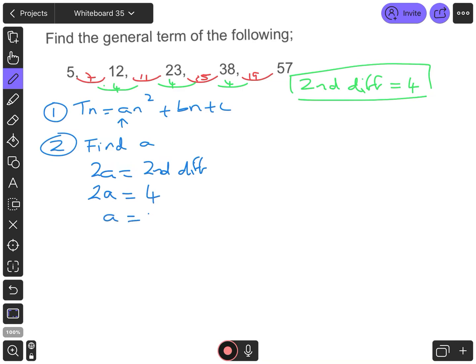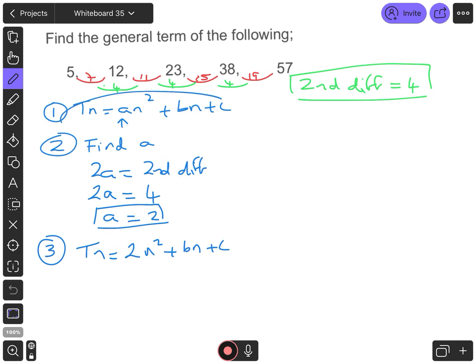Divide both sides by 2, and my a value comes out to be 2. My third step is to write out Tn equals, instead of a, now that I know a is 2, 2n squared plus bn plus c. I'm just writing out this bit down here.